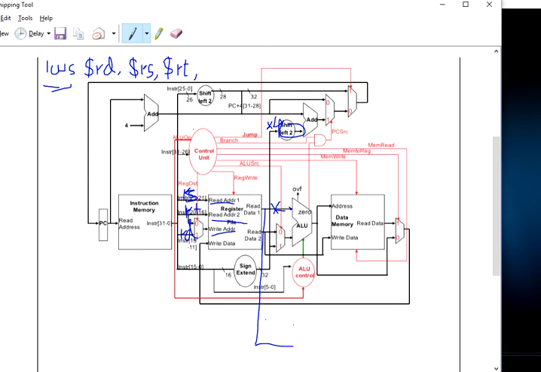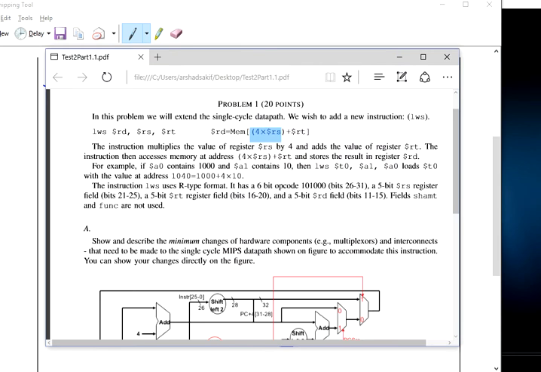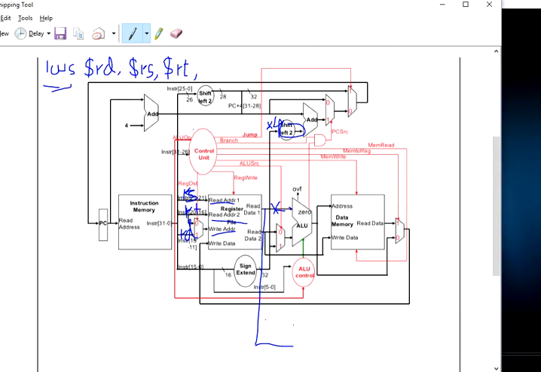And in this instruction, we can see that we want to multiply it by 4. You can also do this by using adders, which is very inefficient and very expensive in this case. So I don't recommend you to do that. We can simply do it by using a shift left 2 in the data path. So this is going to be shift left 2.